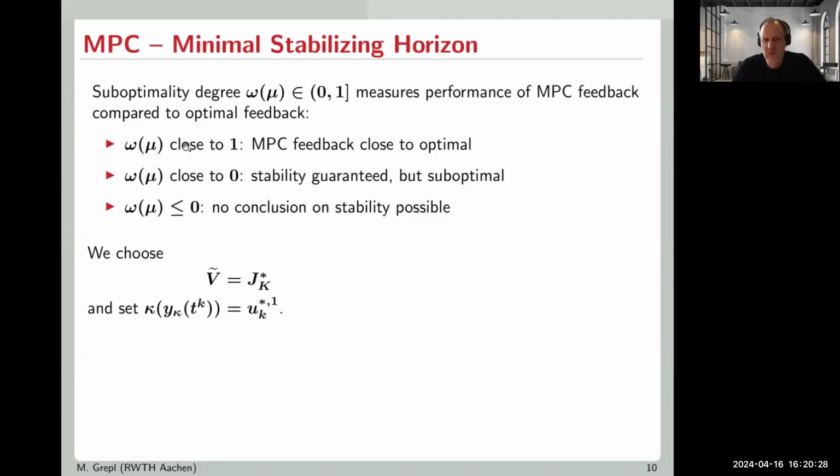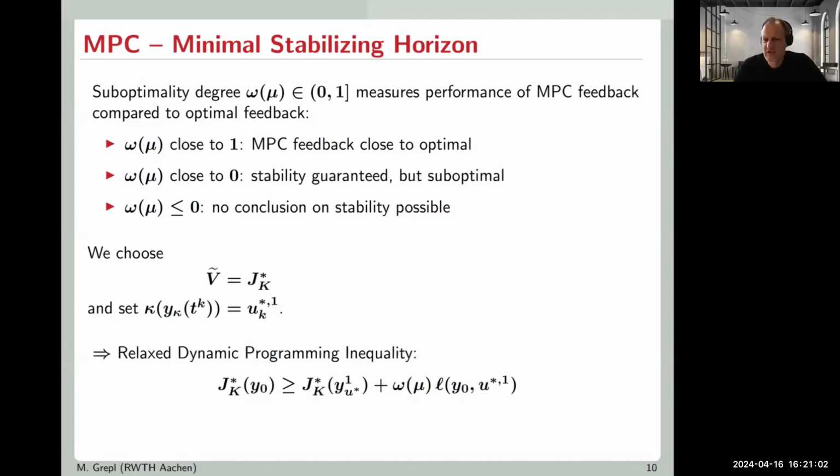If alpha is close to 1, you know that your MPC feedback is close to optimal. If alpha is close to 0, but greater than 0, you know that you have stability, but your feedback law is suboptimal. And if alpha is less than or equal to 0, you cannot conclude on the stability. So the idea is now to choose V tilde equals J_K star, the finite horizon value function, and set kappa to be our MPC feedback law.